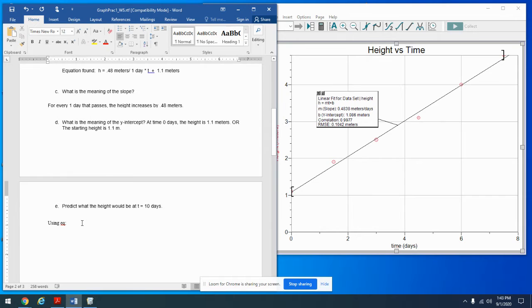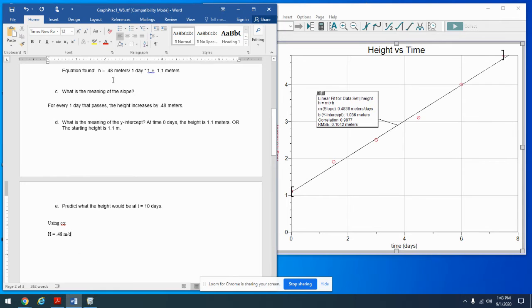So we've got height equals, all right, height, put a capital H there, we'll go with that, equals, let's see, my slope is 0.48 meters per day.